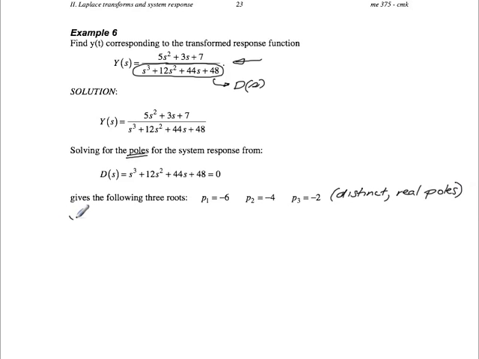So we know Y(s), given above. I won't repeat that here; it's right above. Our goal is to write this in terms of its partial fraction expansion: A1 over s minus p1, A2 divided by s minus p2, and A3 divided by s minus p3.